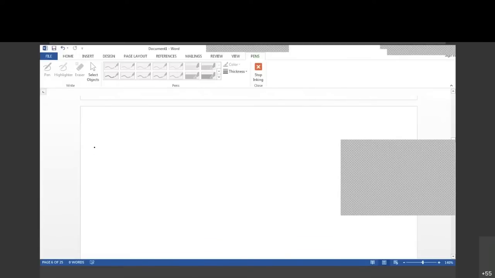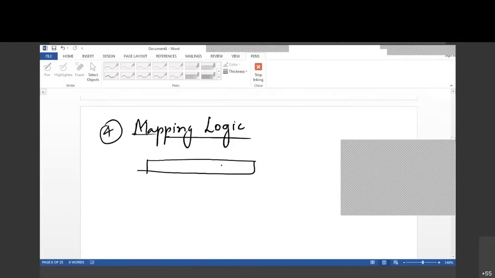The last approach which we'll be talking about is mapping logic. Some mapping algorithm is followed on the opcode. See, suppose this is my IR, instruction register, okay? Suppose this is my opcode, and here is my address.